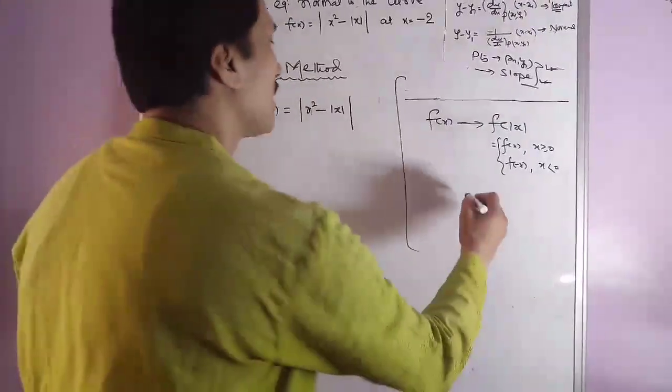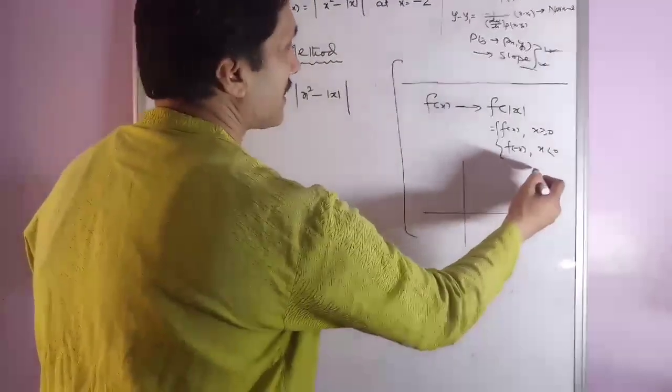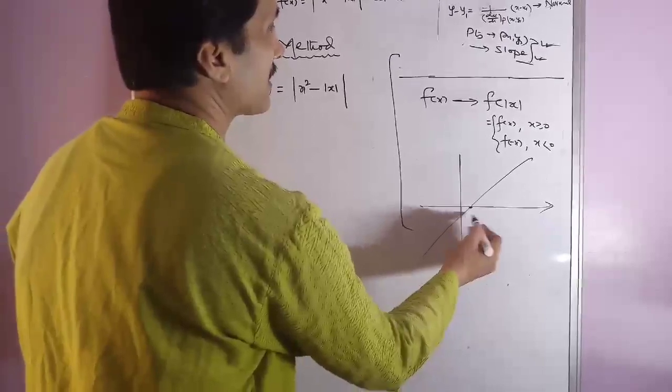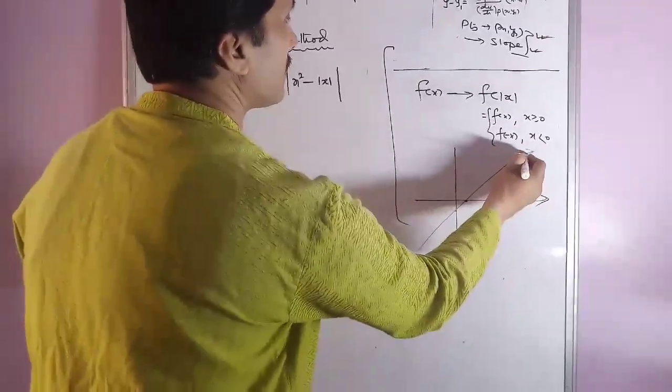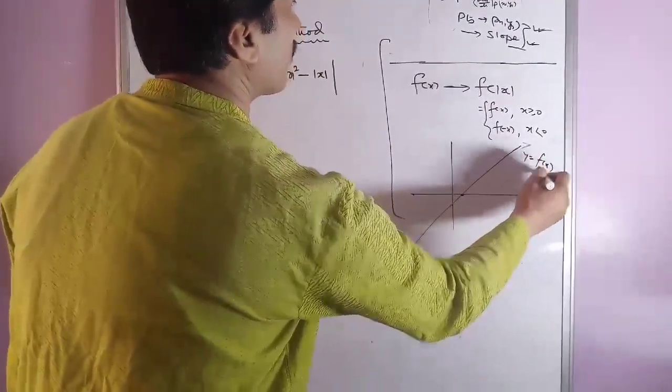That is, if the graph of any function is like this curve, this is the graph of y equal to f(x).